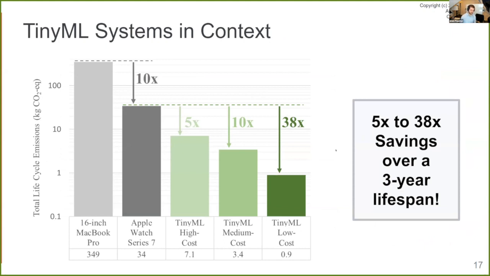So again, we're feeling like, all right, TinyML might be good, might be okay. We have all these positive things, and the environmental impact of the individual devices is probably pretty small.